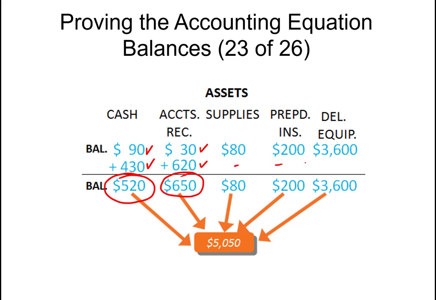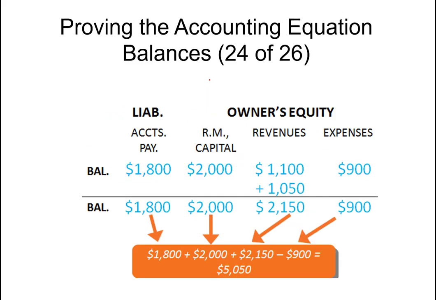There is no change to supplies, prepaid insurance, or delivery equipment. So the total assets is 5,050, increased by 430 and 620 in cash and accounts receivable.